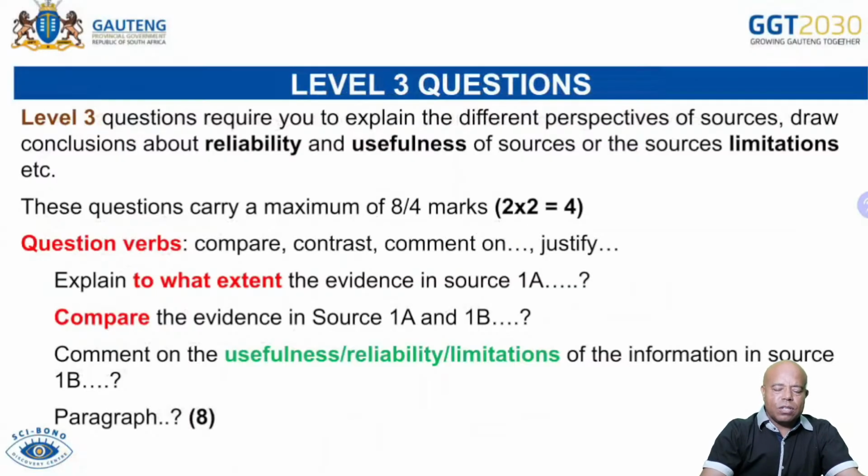Now, what are the question verbs? Compare, contrast, comment, and also words like explain or justify. Then we can see: explain to what extent the evidence in source 1a can be compared to the evidence in 1b basically. Then you must comment on the usefulness, how reliable, and the limitations also.